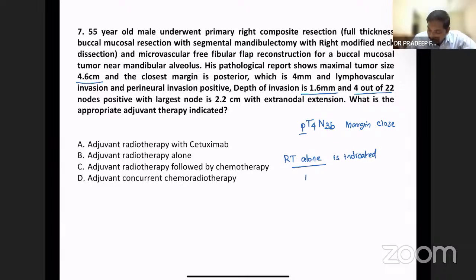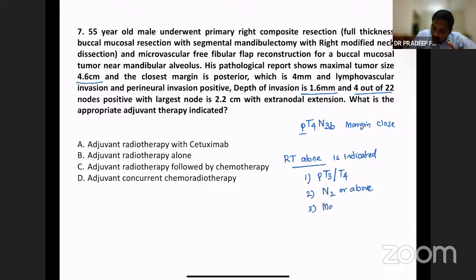That is particularly seen in patients with T3 or T4 tumor, N2 or above. Nodal metastasis is there, T3, T4 disease. Primary is larger, bulky, node positivity is there, indication for RT.